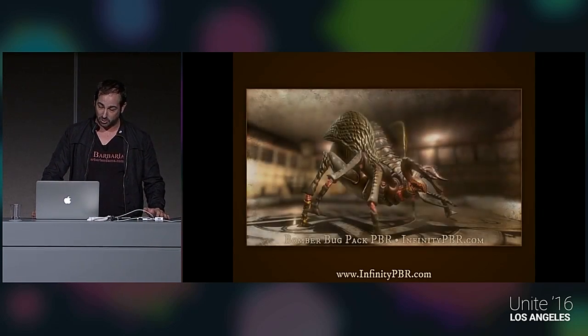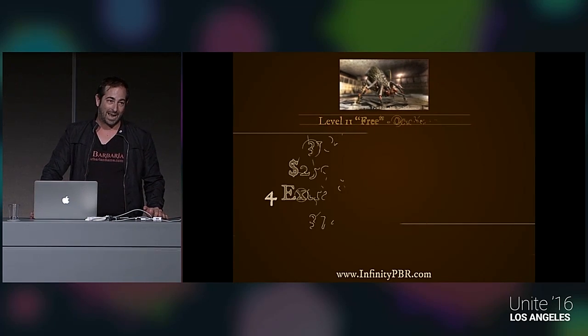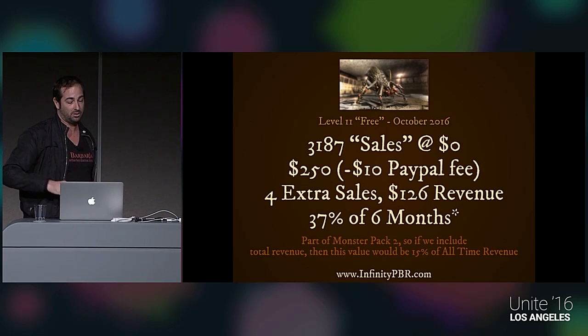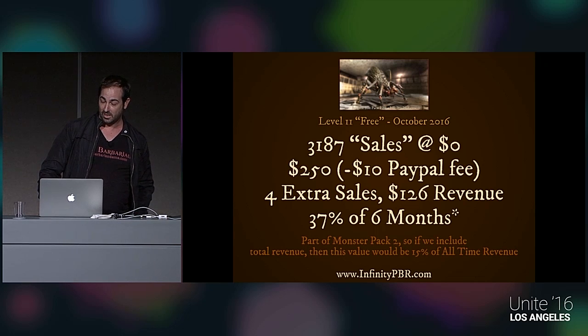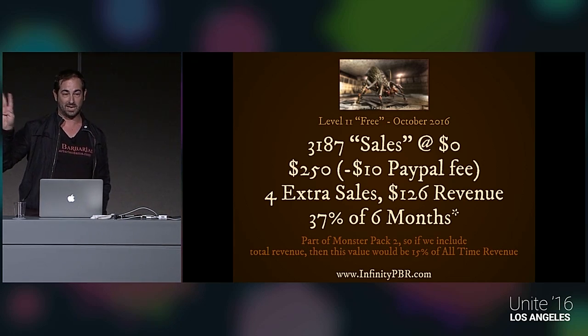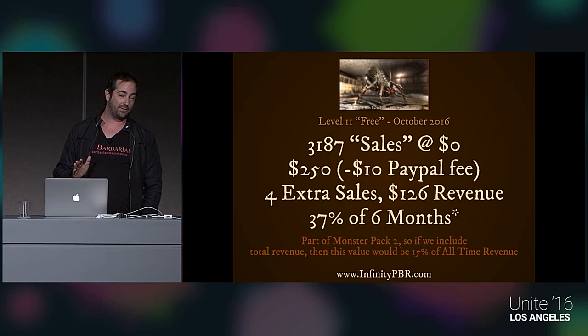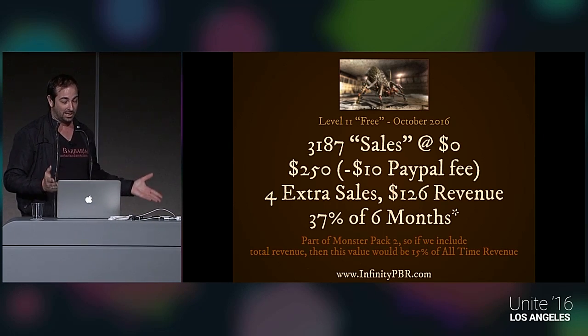So lastly is the bomber bug, which you may have seen on the Level 11 free sale this past month. There were almost 3,200 sales for $0. I got paid $250 minus a $10 PayPal fee for the privilege, and 4 extra sales above the normal. This character has been averaging 3 sales a month, and it got 7 sales during October. So it made a little extra money.